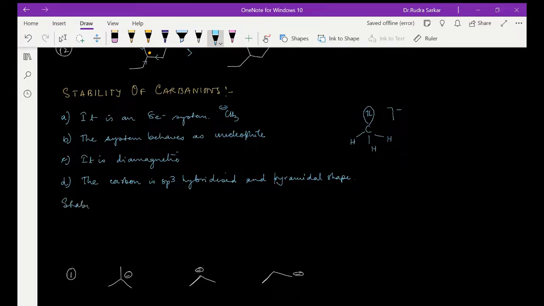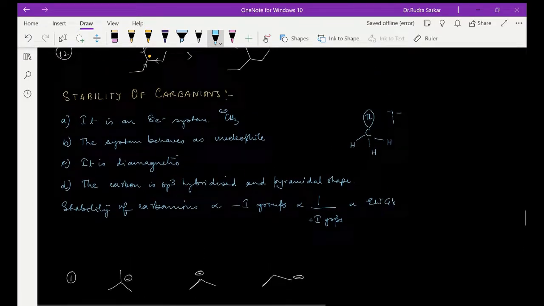Stability of carbanions is directly proportional to minus I groups, inversely proportional to plus I groups, and directly proportional to electron withdrawing groups.